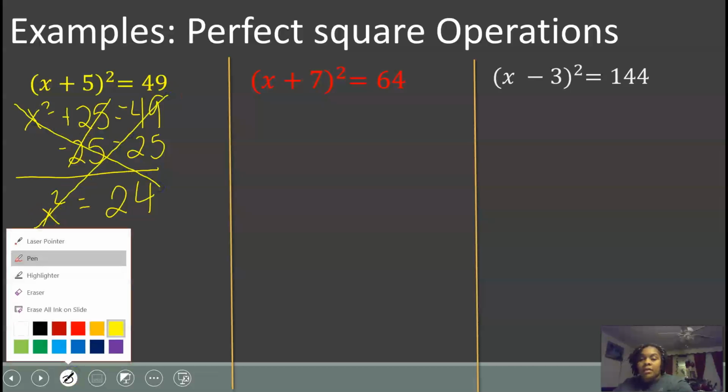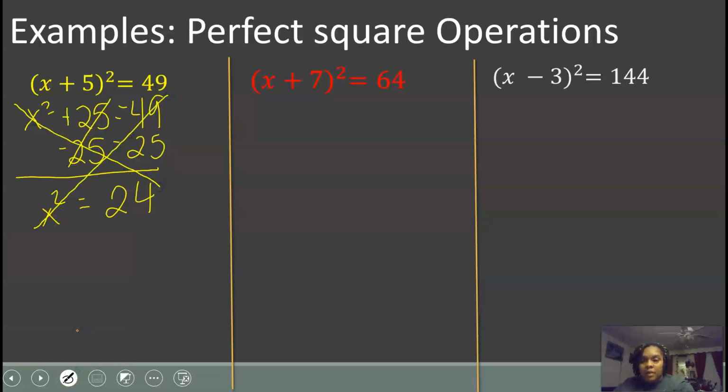However, the correct way to do this problem would be x plus 5. Once again, to undo your exponent, which is squared, the opposite of squared is the square root. So now you're going to have to square root your 49, and that eliminates your square.